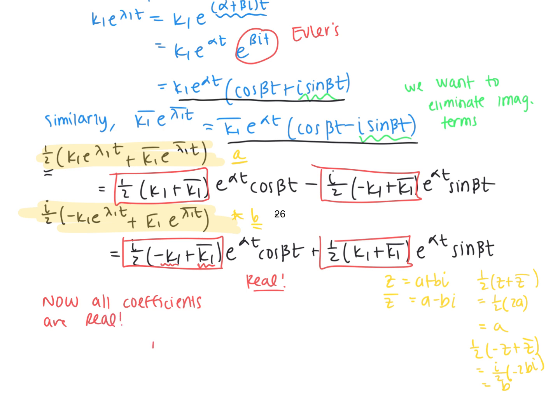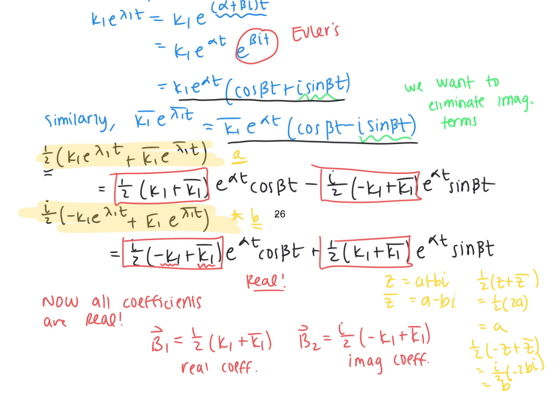And so what we end up with is this coefficient b1, really it's a vector, that is 1/2 of k1 add its conjugate. And we end up with b2, which is i over 2 times negative k1, again, and add its conjugate. So this comes from our real coefficients. This comes from our imaginary coefficients.